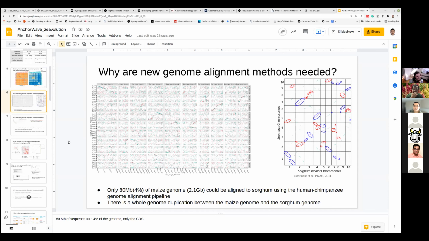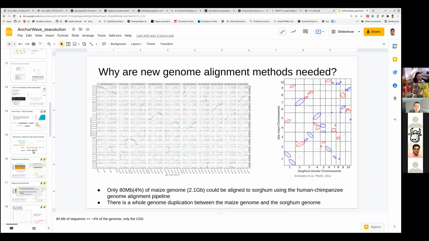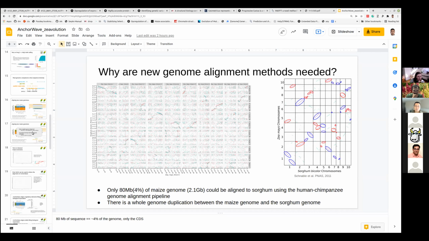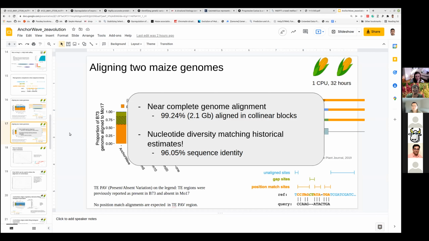No. Michelle had a slide which showed two maize genomes and said they're 96% identical at the sequence level. Oh, okay. Yeah, so 96.05, that means 4% of the sequence is different. And I'm wondering if that includes, like on the bottom right there, the C versus indel. So does the mismatch include single base pair indels or short indels, or is it only different nucleotides?